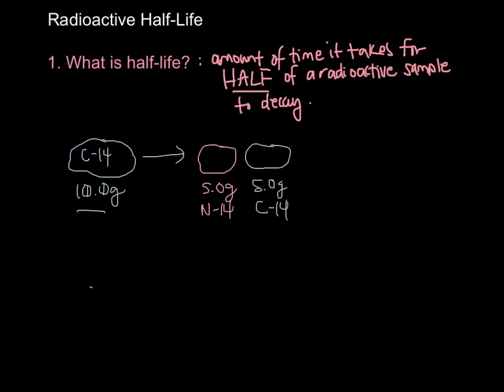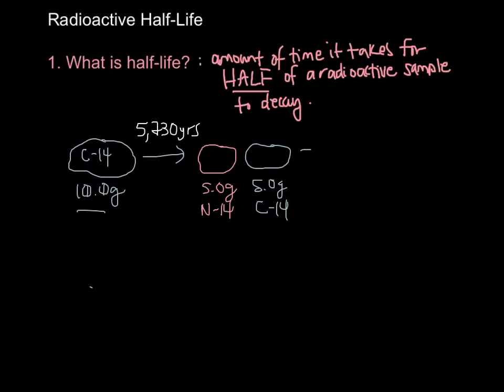And every radioactive element has a half-life. For carbon-14, that amount of time is 5,730 years. So if I have 10 grams of carbon-14, it would take 5,730 years for half of it to decay into nitrogen-14.